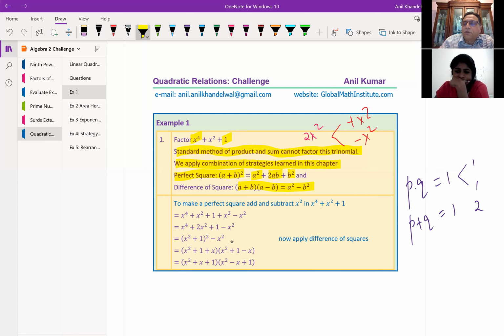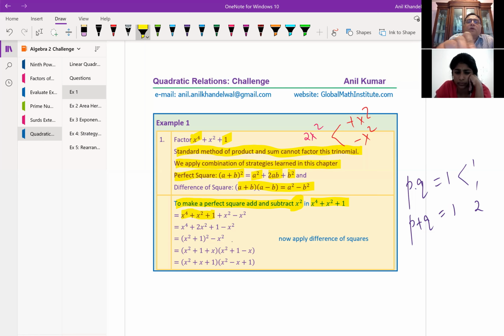That is what we're going to do after, right? So this is an excellent question. We put it under the category factor unfactorable for the reason, right? So to make a perfect square, we'll add x squared and subtract x squared in the given trinomial. The trinomial here is x to the power of 4 plus x squared plus 1.